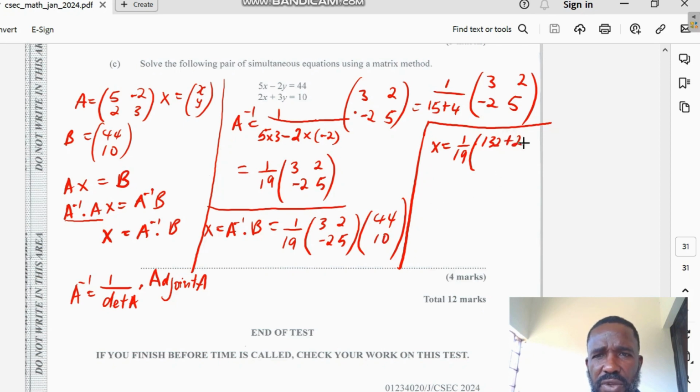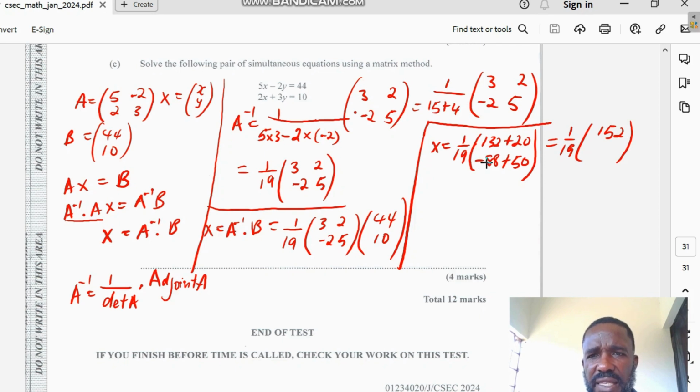And then we have -2 times 44, which will give us -88, and then 5 times 10 will give us 50. So that is 1 over 19 times, 132 plus 20 will give us 152, and -88 plus 50 will give us -38.